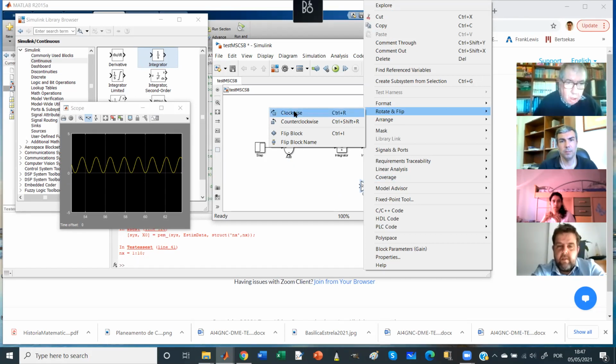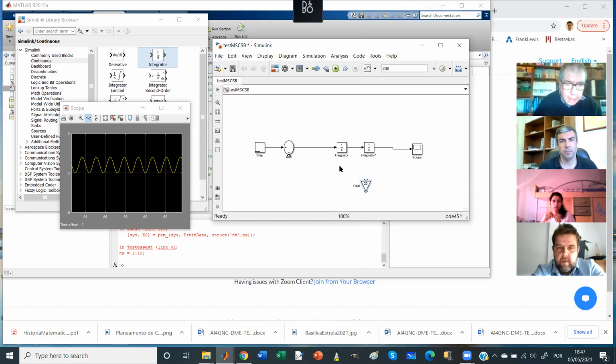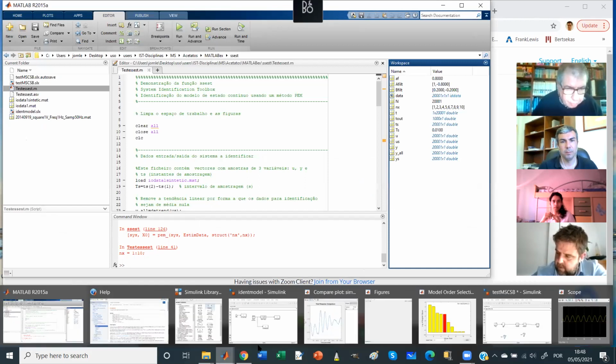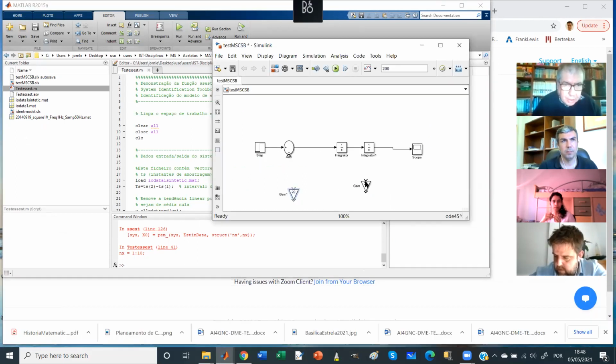Rotate clockwise. Okay. And I need another one like this. Gain 1, and if I do it again, I get a K2.